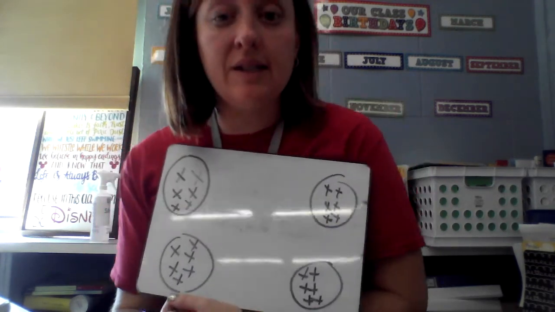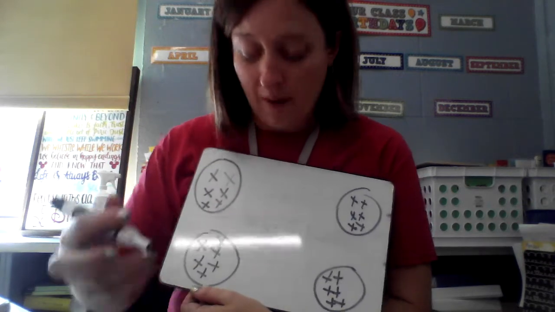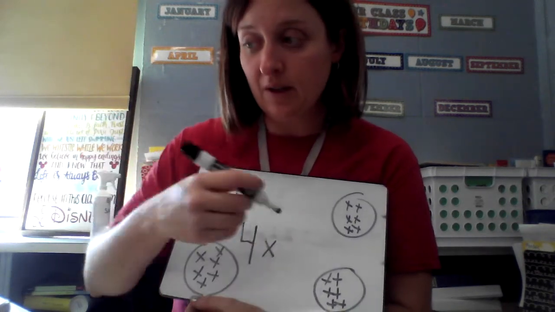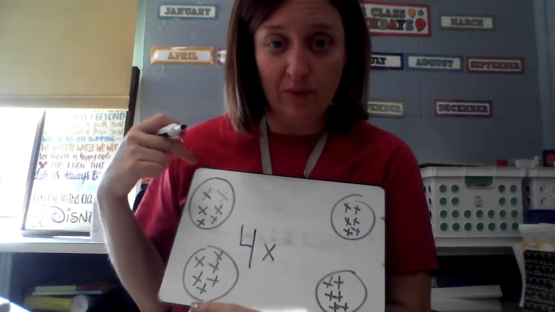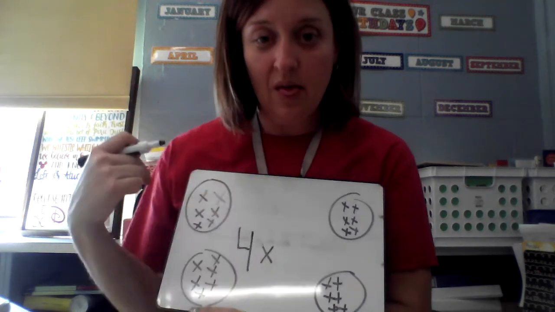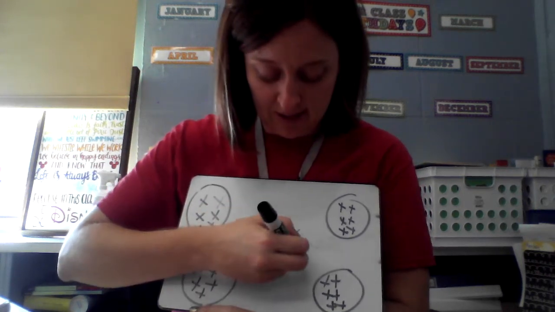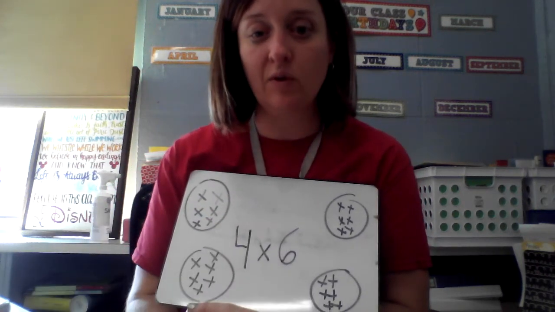If I were to put this many x's in each group, I might write something like this. I might say that 4 times the size of the group, so I've got 4 equal groups. There are 1, 2, 3, 4, 5, 6 things in each group. That's the size of the group.